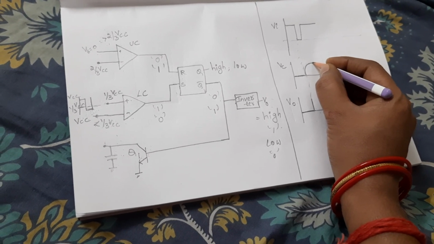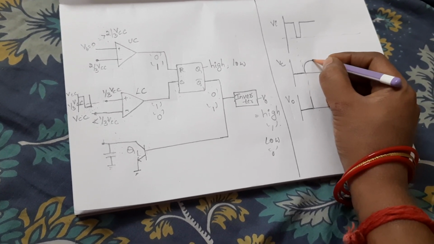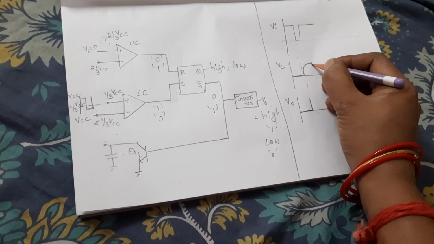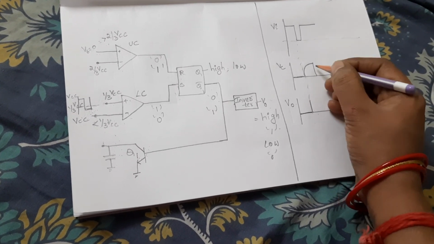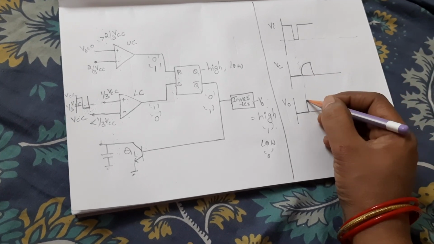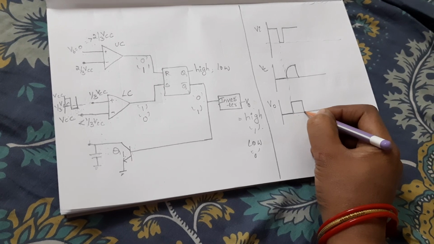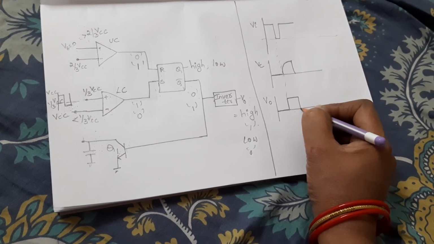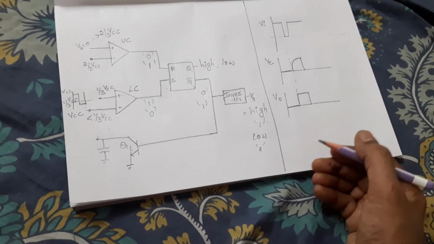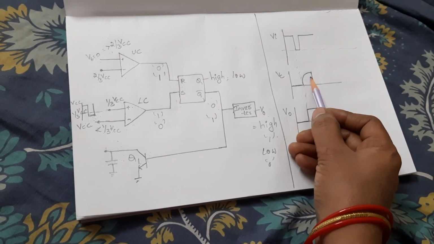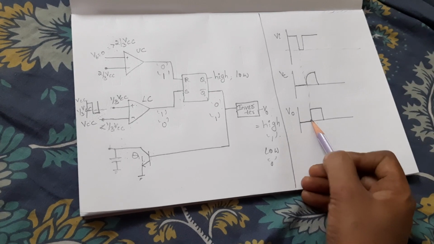After some time, when the output is again low, the capacitor immediately starts discharging. Up to here the output is high. Whenever the capacitor starts discharging, the output again comes to the low state. So this is the capacitor voltage and this is the output voltage.